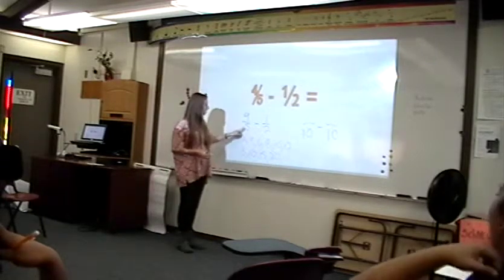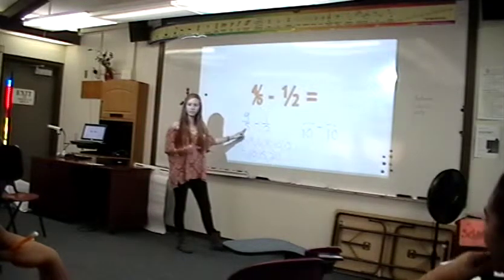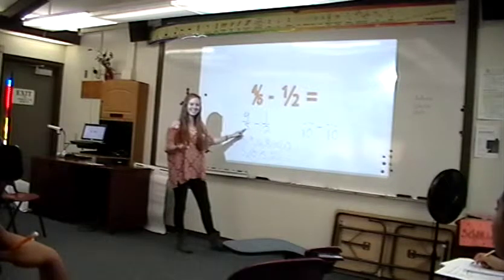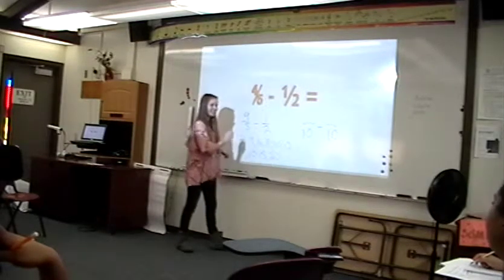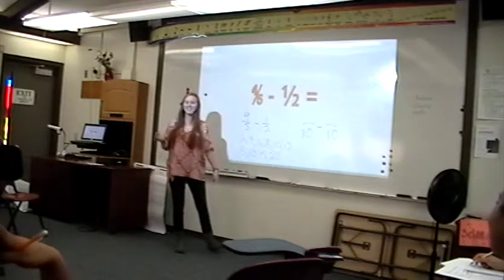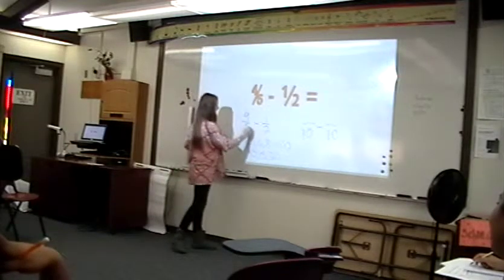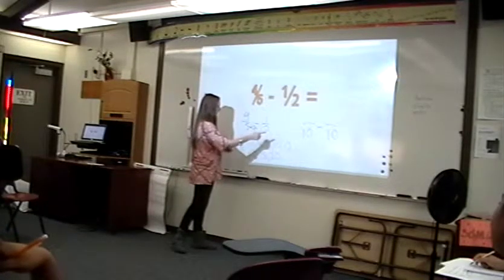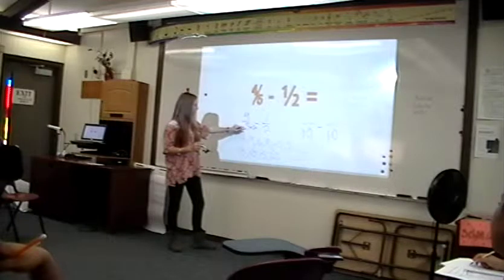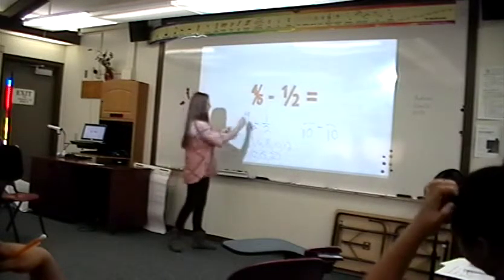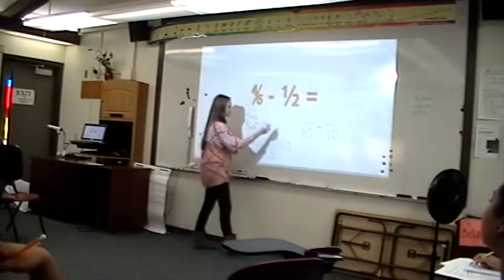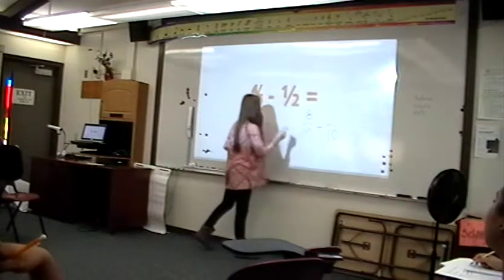So, how many times does it take for 5 to get into 10? 2 times, like you said. So that means we have to multiply the top by 2. So then our top over here will be 8.